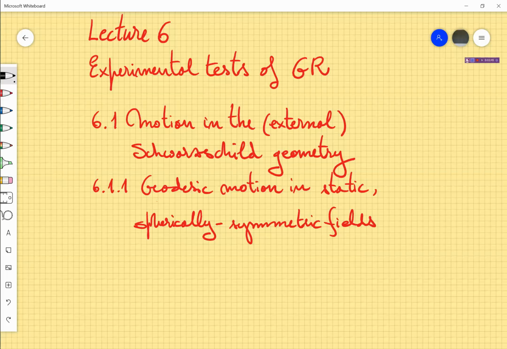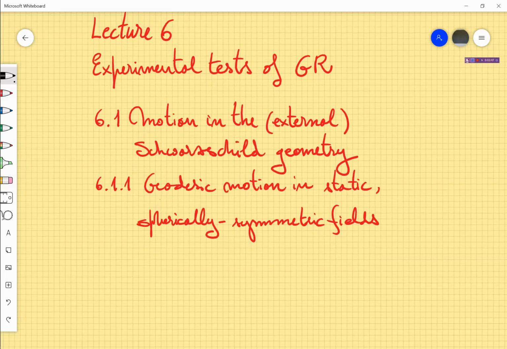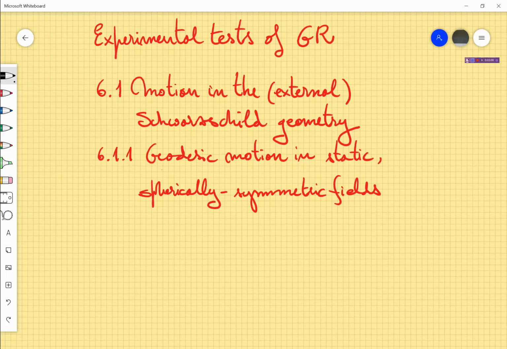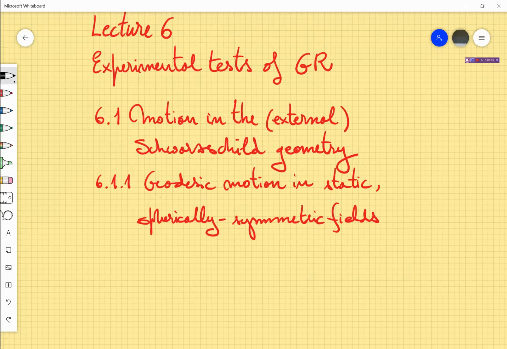The simplest of these tests are carried out in the solar system and have to do with the gravitational field of the sun or the earth. Then we are going to go a bit further, because if you want to test a theory, it is very useful to compare its predictions with the predictions of alternative theories that could also be candidates for theories of relativistic gravity.